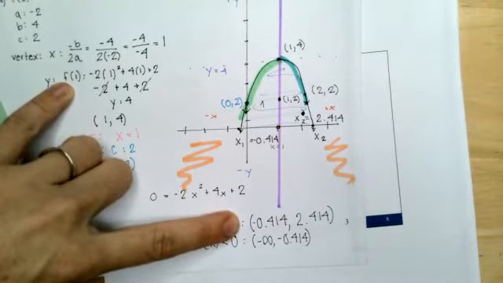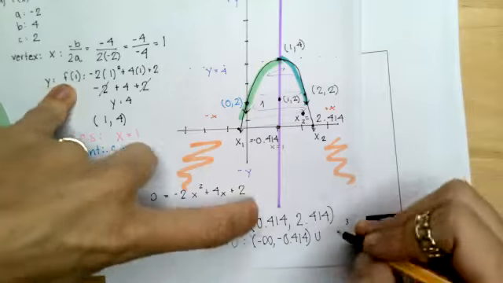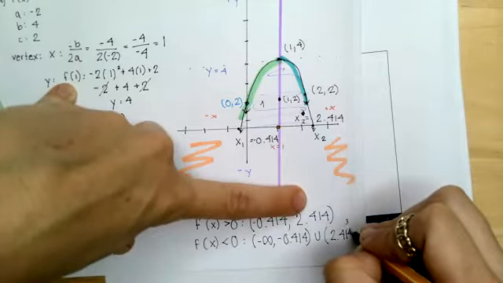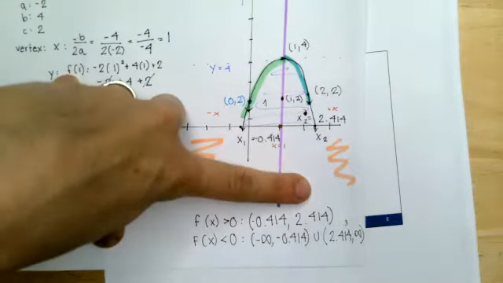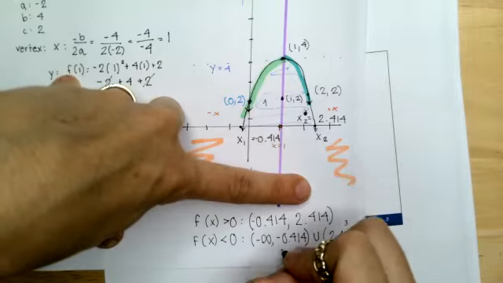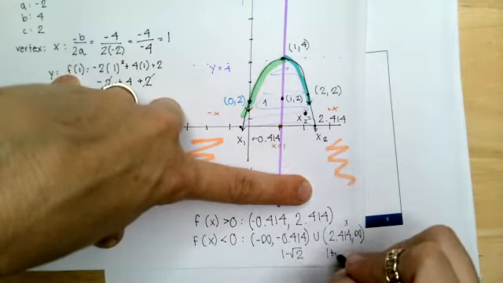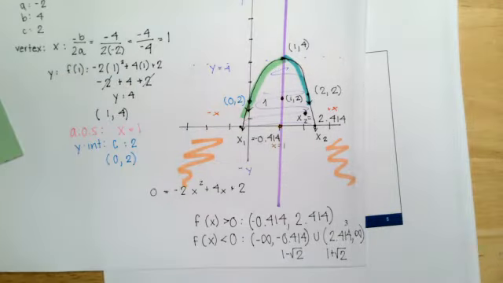Because that's actually at 0. Union with, or comma, 2.414 to positive infinity. Okay. So you can call it 1 minus the square root of 2, or you can put the decimal depending on what they ask, 1 plus square root of 2. So that's what they mean when determine whether it's above the x-axis or below the x-axis.